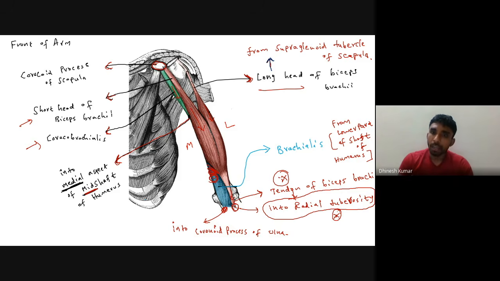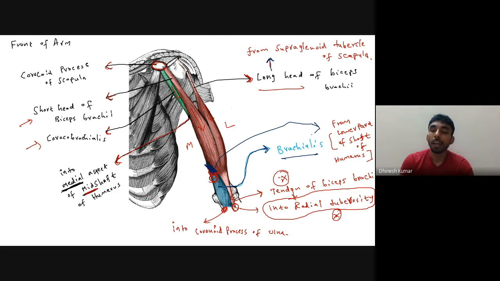And do you see the muscle marked in blue color in this diagram? The one I am marking now. This is the brachialis muscle. This is the site of origin of the brachialis. Where does it arise?